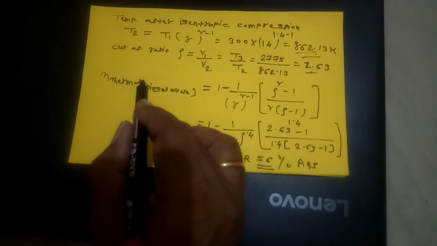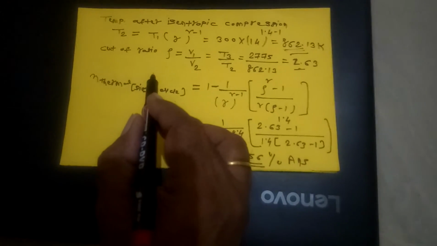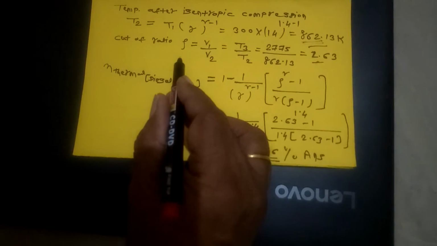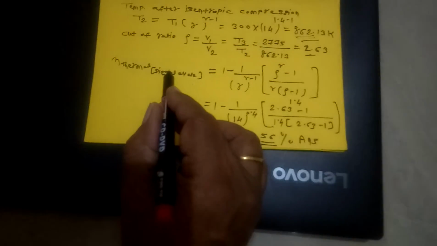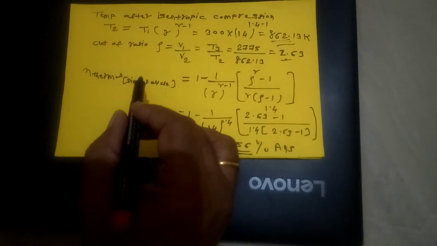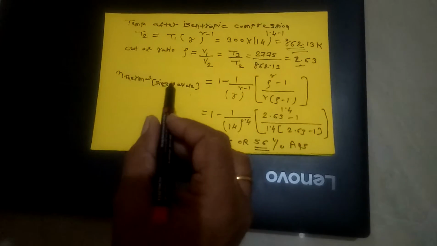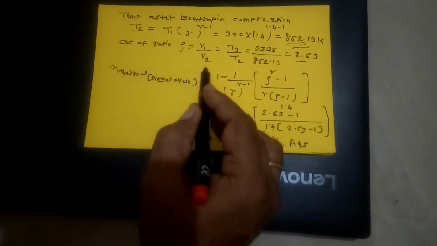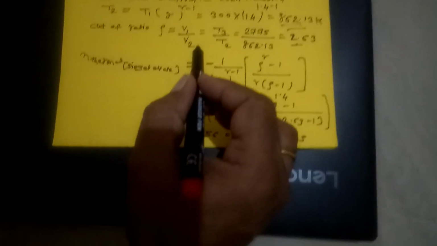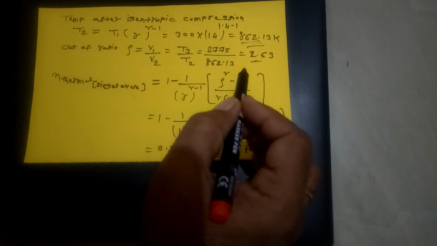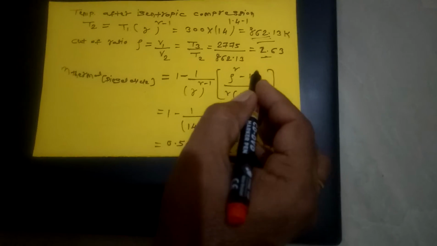Cutoff ratio is a ratio of 2 volumes, that is volume after combustion divided by volume before combustion. So rho is an important parameter to calculate the efficiency of a diesel cycle. So rho is equal to V3 by V2, that is equal to T3 by T2. In this case the cutoff ratio value is 2.63.